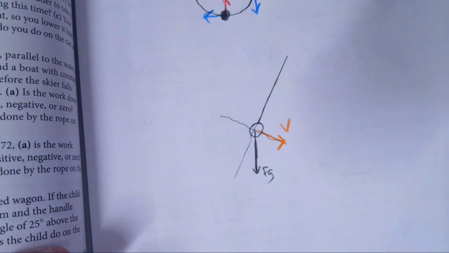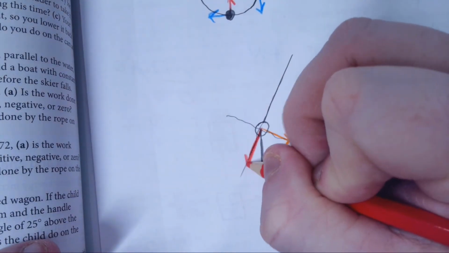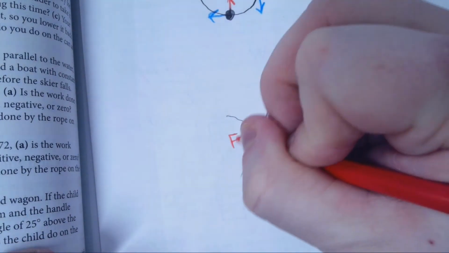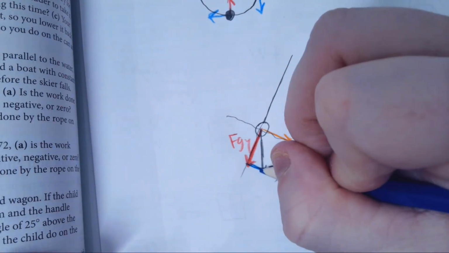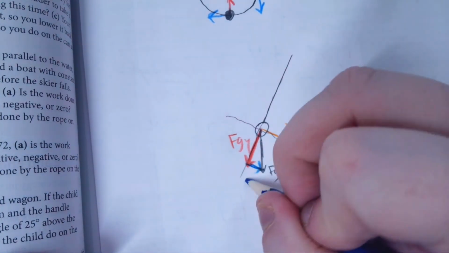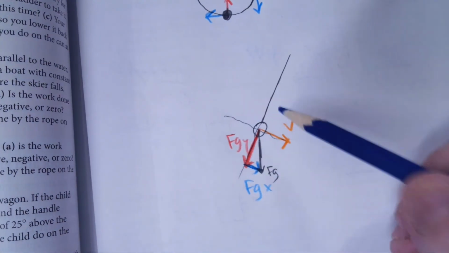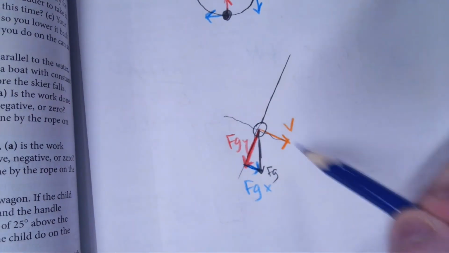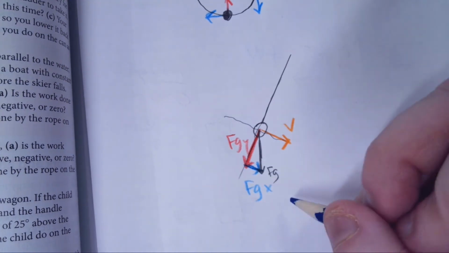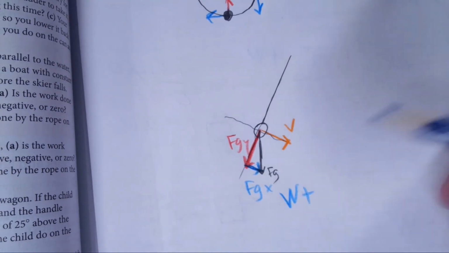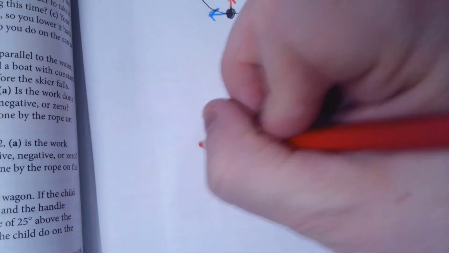We have this component, which should look familiar, since we did this for inclined planes. And then we have that component right there. So the y component of gravity is not doing any work, because it's perpendicular to the velocity. But the Fg of x here is parallel, so this is doing positive work because it's in the same exact direction, whereas over here, zero work is being done.